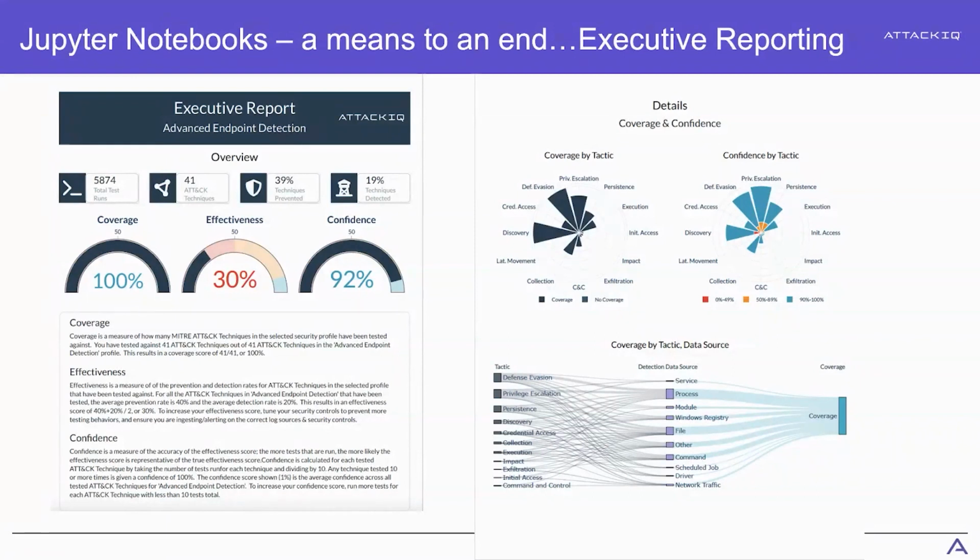So we wouldn't be talking about Jupyter Notebooks if AttackIQ didn't feel strongly that it is a massive component of reporting. And for so long, we were providing Jupyter Notebooks to our customers, and customers of AttackIQ were writing their own Jupyter Notebooks, interacting with the AttackIQ API, interacting with MITRE ATT&CK's TAXII server, Tenable, Qualys, other APIs in order to bring data together and really create the right type of reporting structure to make the right type of decisions.